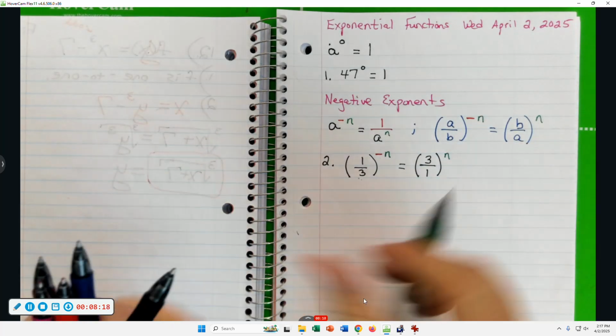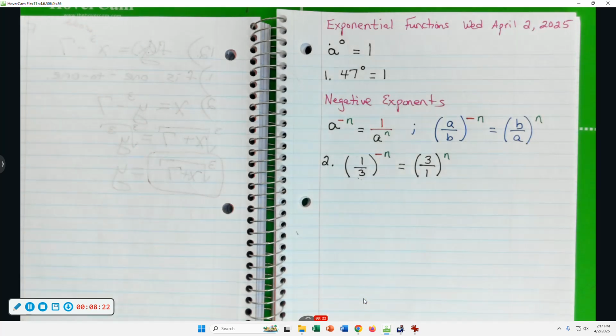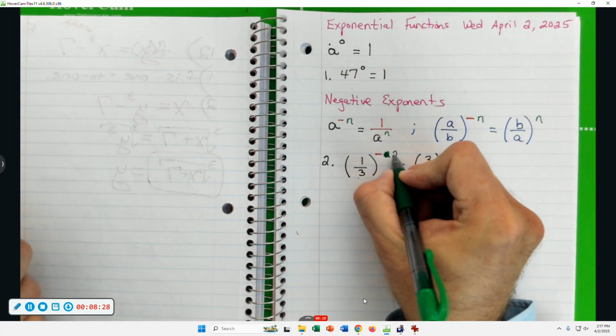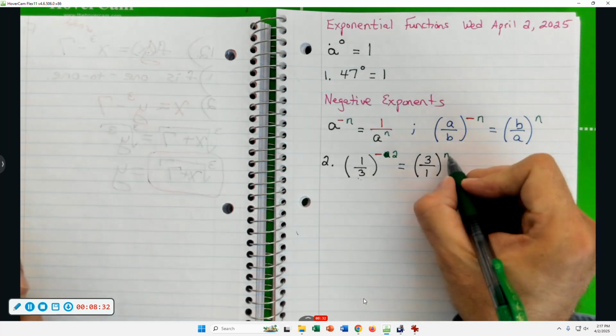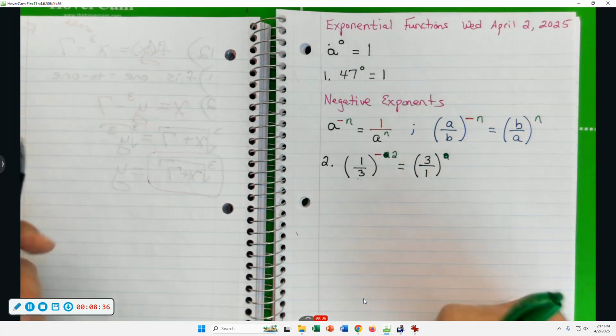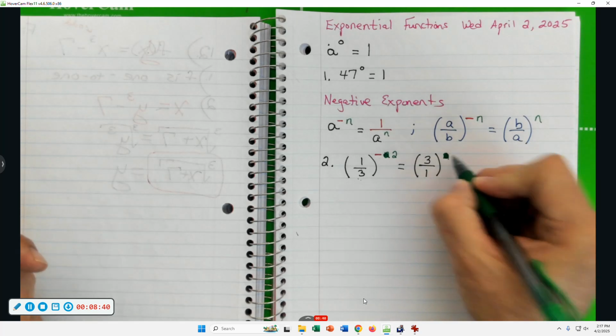That wasn't an n. What was that, a 2? It was a 2 right there. 1 over 3 to the negative 2. Why did I put an n there? So correct me, or tell me how I ought to correct this. It should be 3 over 1 to what power?